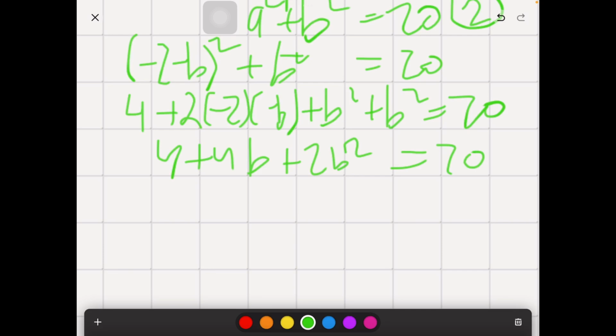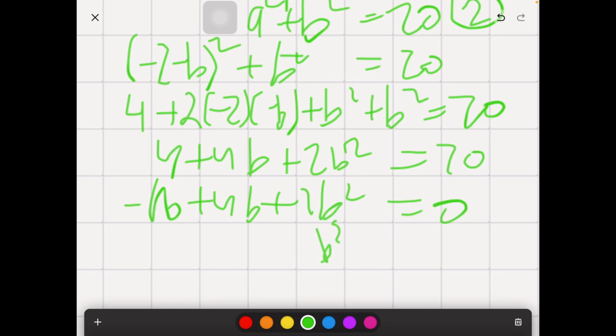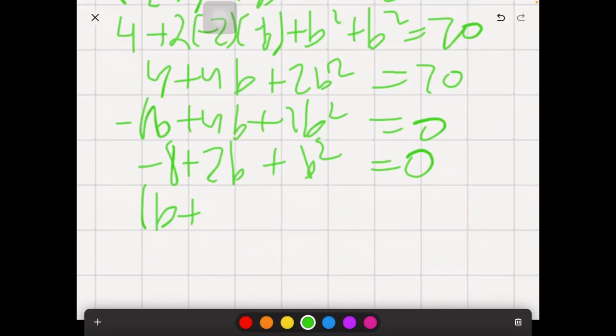And then we can move the 20 to the other side. So it becomes negative 16 plus 4b plus 2b squared is equal to 0. Then this is b squared plus 2b minus 8, and finally we have b plus 4, b minus 2 is equal to 0.